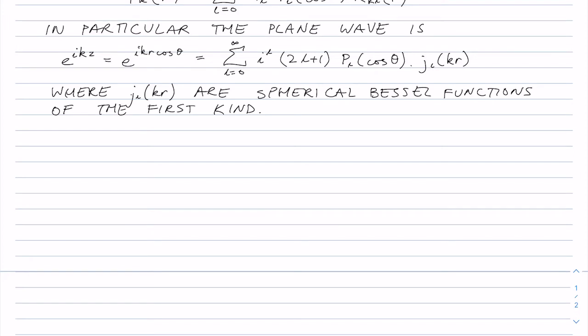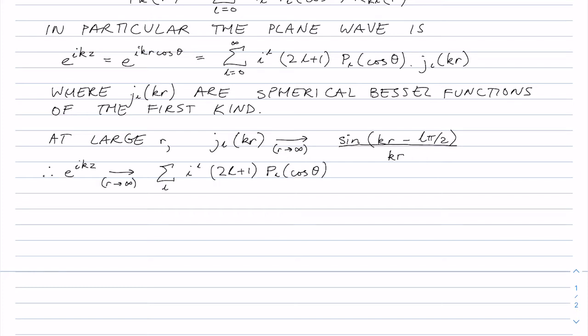Nevertheless, we do need to know some properties of the spherical Bessel functions, and in particular, how do they perform at large R? So our plane wave, which is the beam, can then be expressed at very large distances using this formula. So that's expanding out the sine in terms of exponential functions.